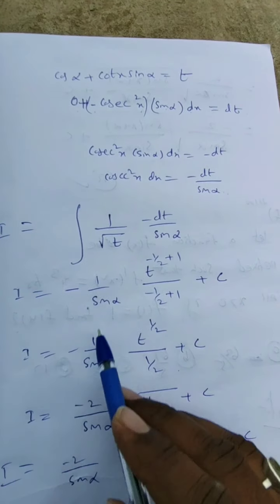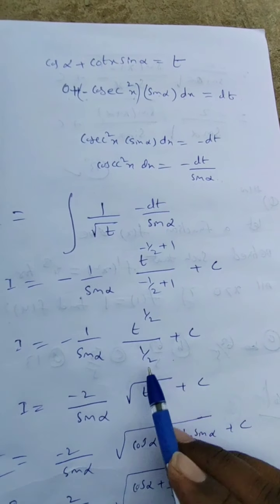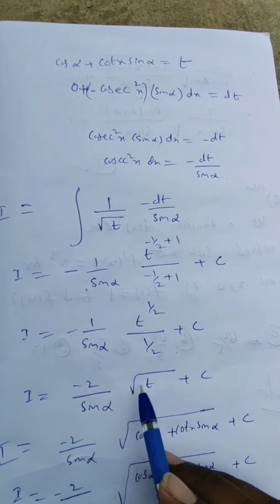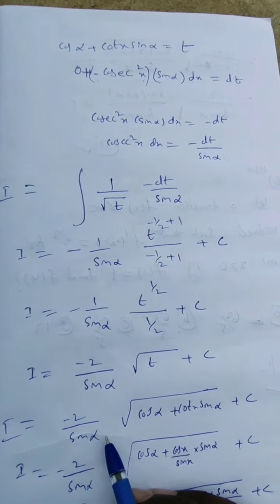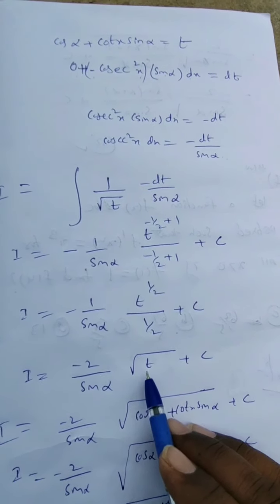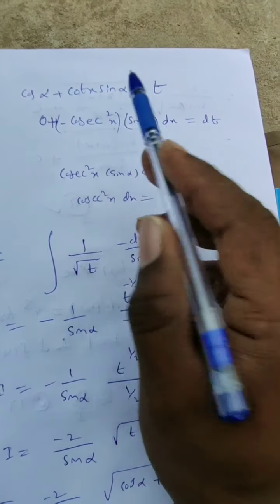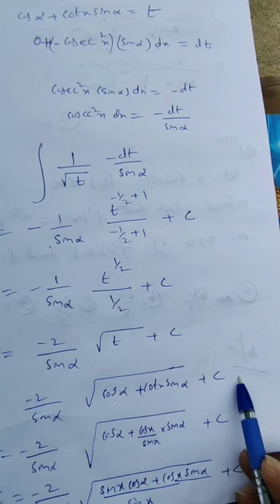So I is equal to minus 1 upon sine alpha, t power half upon half, plus c. The 2 goes to the numerator: minus 2 upon sine alpha root t plus c. What is the t value? t is nothing but cos alpha plus cot x sine alpha.